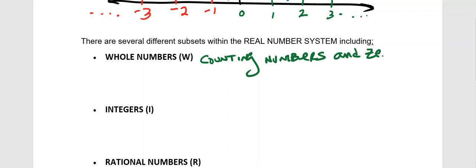and 0. Now, what I like to do is to show this as a set of numbers. And the way mathematically we show a number set is to put a little bracket like that. So our first whole number is going to be 0, followed by 1 and 2 and 3 and 4, and then dot, dot, dot just means going on forever.